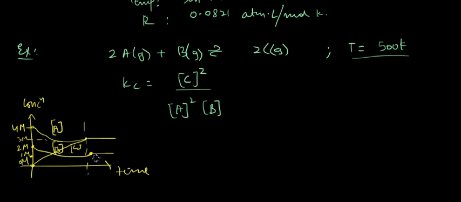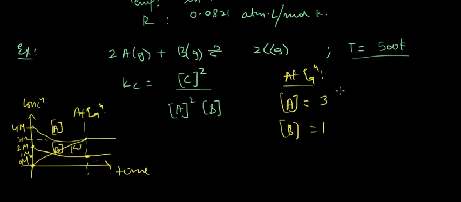Okay, this is the equilibrium state. So at equilibrium, concentration of A would be 3, concentration of B would be 1, and concentration of C would also be 3.